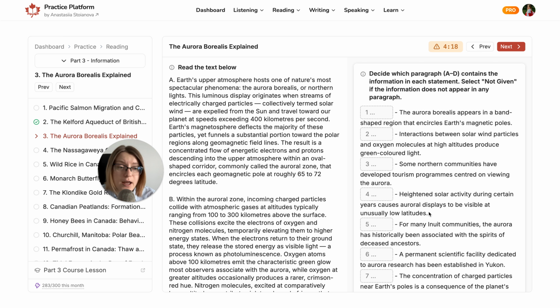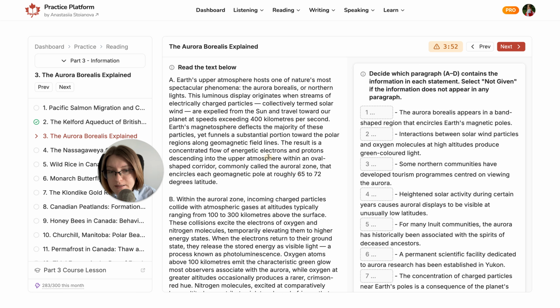And there is, and actually we are lucky because for this particular task, we have a perfect match when it comes to number 1, because look, it says that Aurora Borealis appears in a band-shaped region. And is there anything that we see about shape?